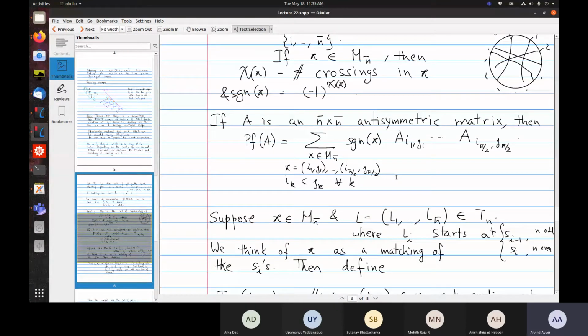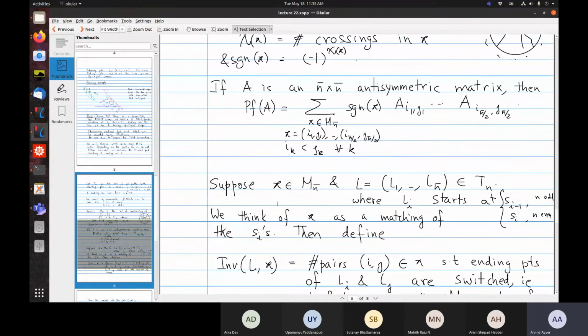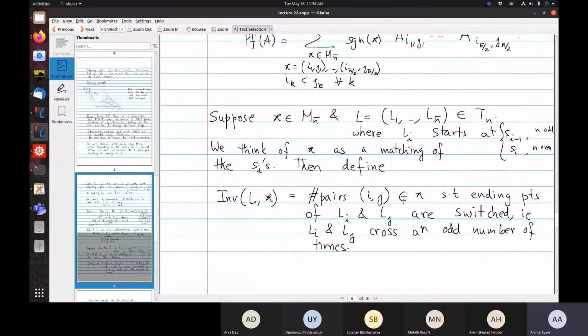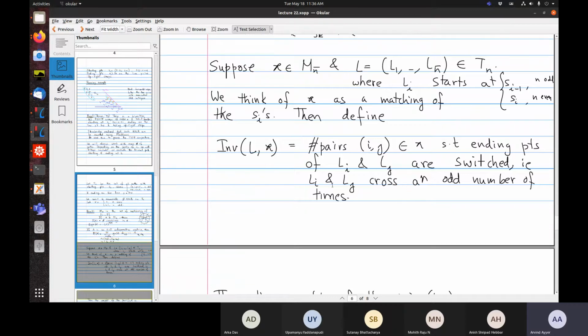So what we had done was to add this matching pi on the starting points, and we defined the inversion number of a pair, a family of lattice paths, that is L1 to L n bar, and pi, which is the number of pairs of starting points i and j such that the ending points are switched, so they are in the wrong order.